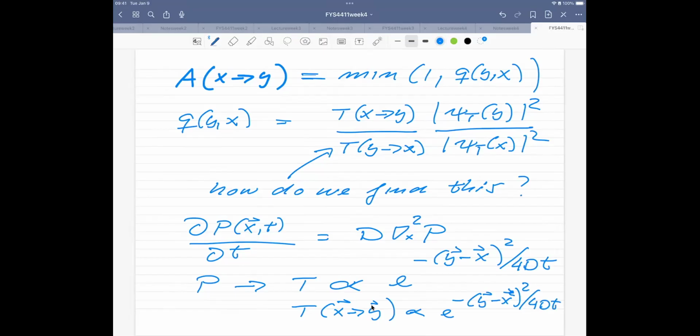So let me ask you: if I take this as my probability distribution for making a transition, and I put this in here, and then I just take the reverse, what do you get? Just 1, exactly.